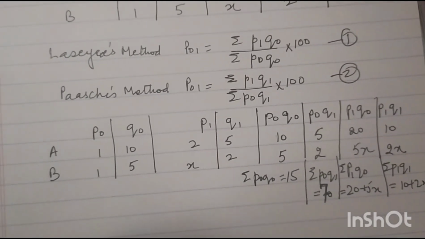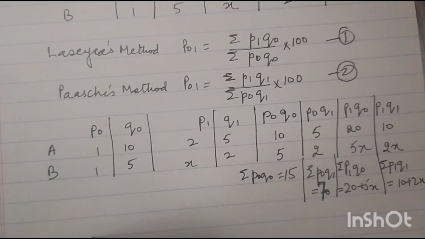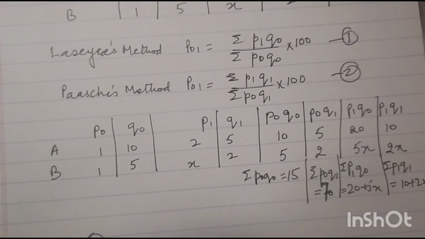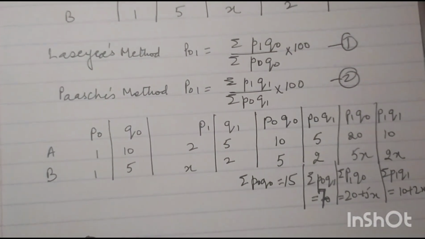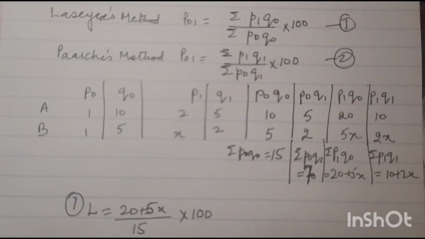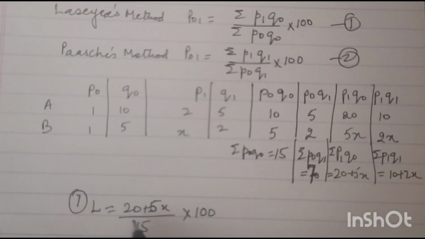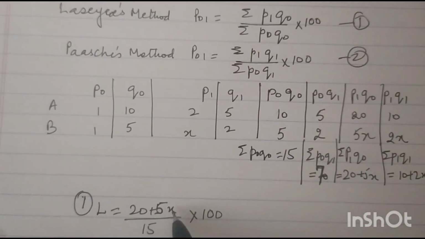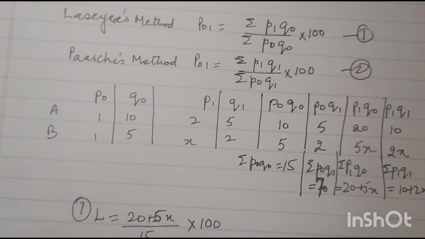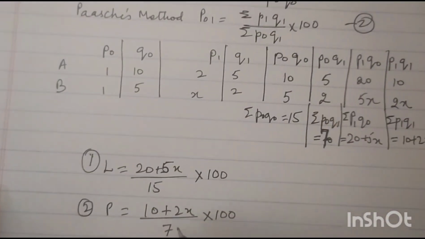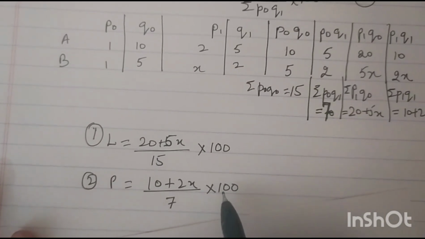So by 1 we have L equal to 20 plus 5x over 15 into 100, and P, Paasche, is 10 plus 2x over 7 into 100.